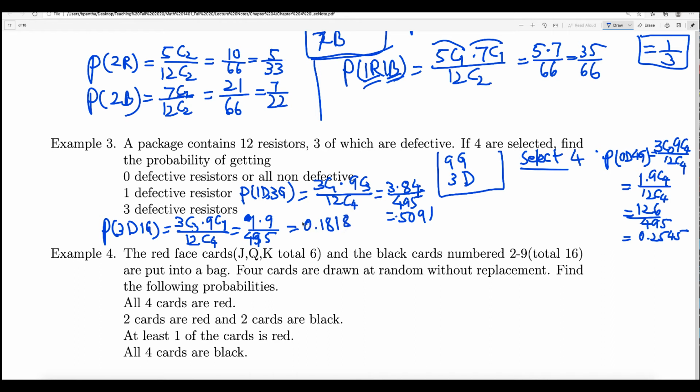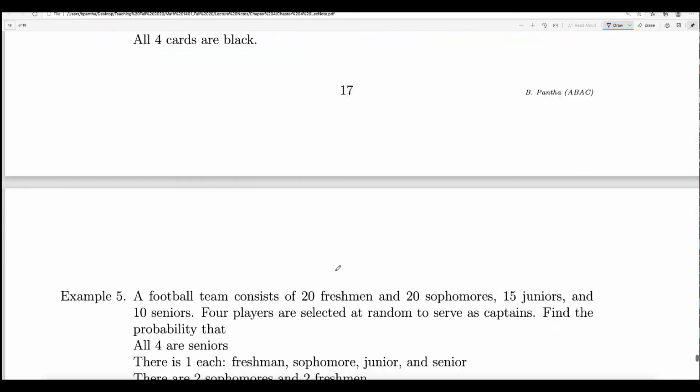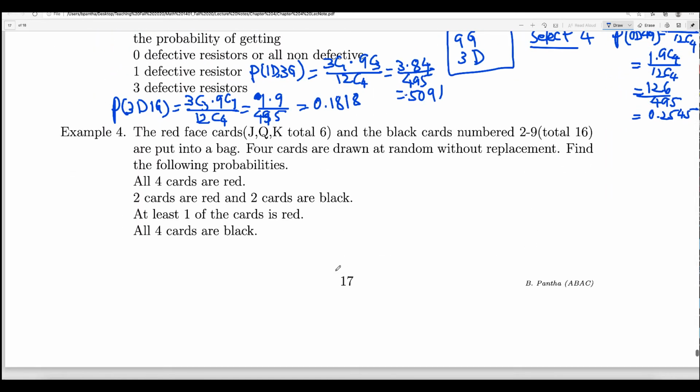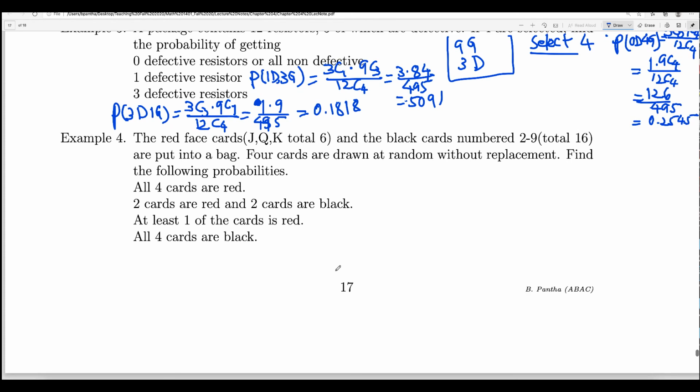Okay. So example 4 is similar to example number 3. How do you do that? The red face cards and the black cards numbered 2 through 9, total 16. How many red face cards? There are 6 red face cards, and the black cards numbered 2 through 9 is 16 because 2, 3, 4, 5, 6, 7, 8, 9, spade and club. They are put in a bag.